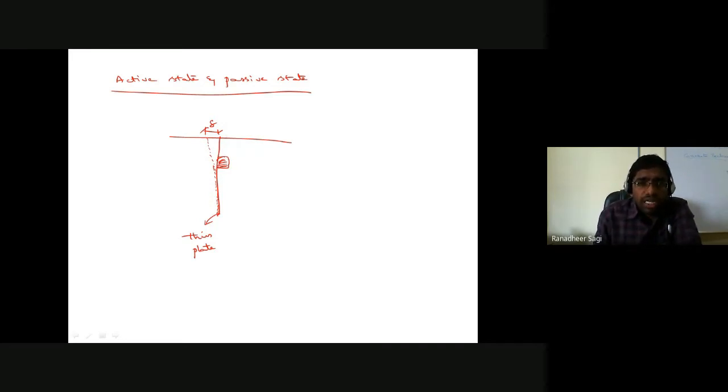Here what we understand is that the plate, or your retaining structure, is moving away from the soil.